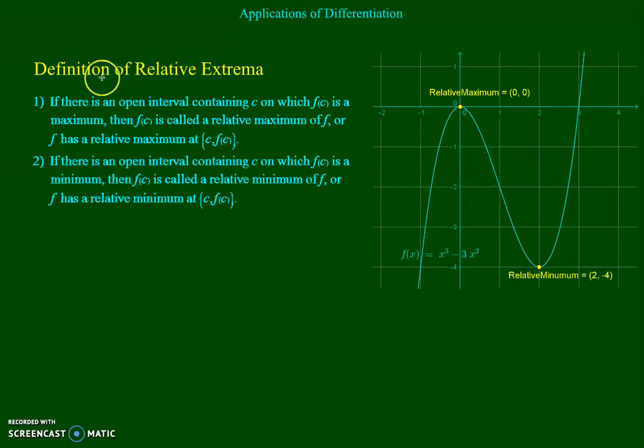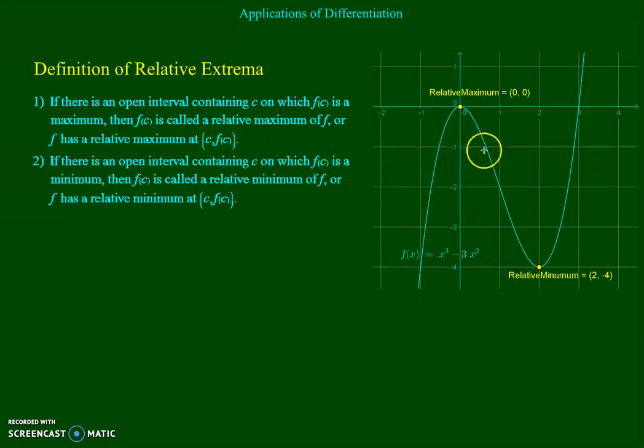So the formal definition of relative extrema is, if there's an open interval containing some value c on which f of c is a maximum, according to our definition that we gave before, then f of c is called a relative maximum of f, or f has a relative maximum at the point c, f of c.